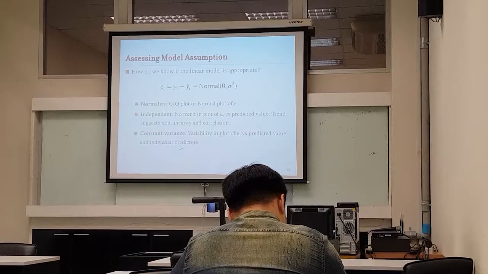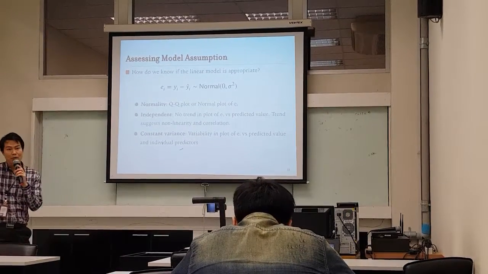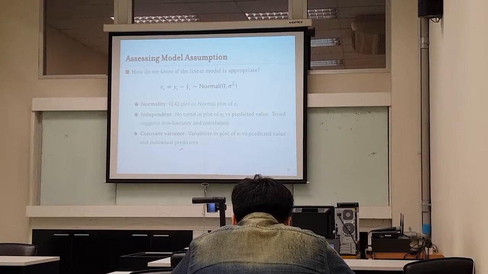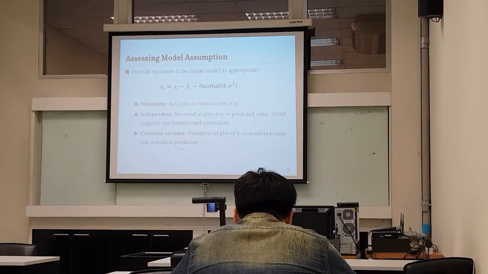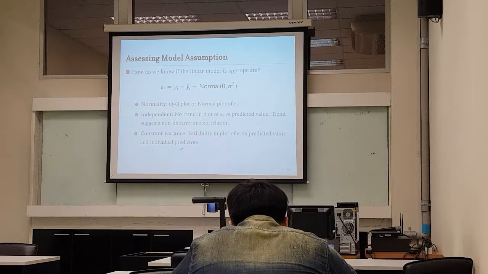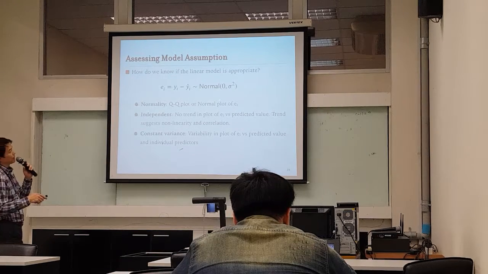Because y is beta 0 plus beta 1 x1 plus beta 2 x2 plus some random error, to check that your model is correct, you have to check if the residual, the actual observation minus the predicted value, follows the normal distribution with zero mean and variance sigma squared.